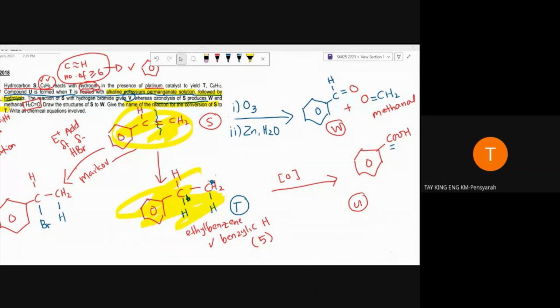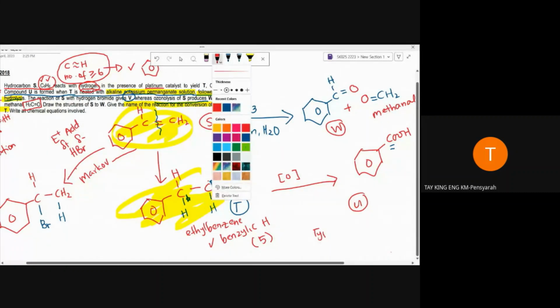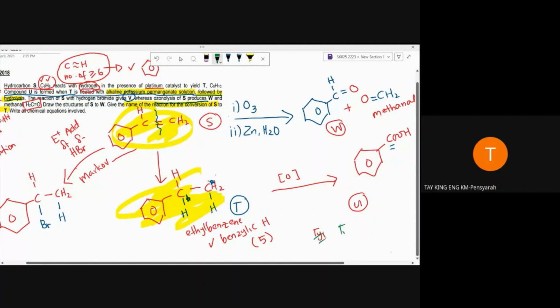Kalau soalan nak kita bagi electrophilic addition, the question supposedly will ask us state the type. Kalau type of reaction, maybe I have to change color. Okay, if the question asks for type of reaction, then will be electrophilic addition.